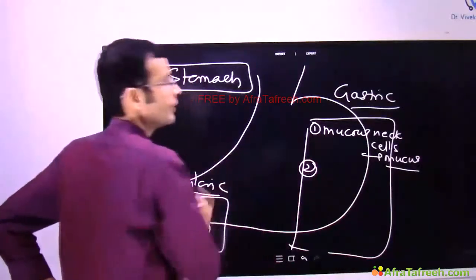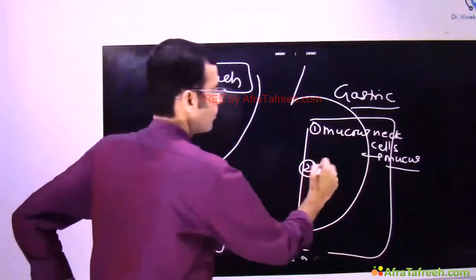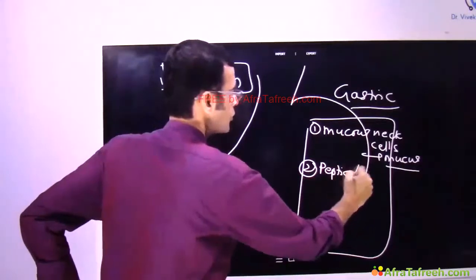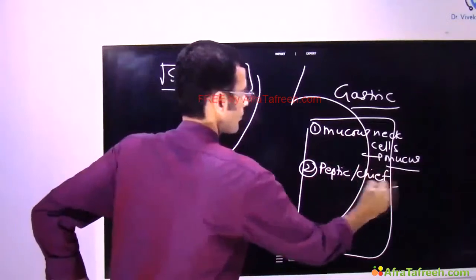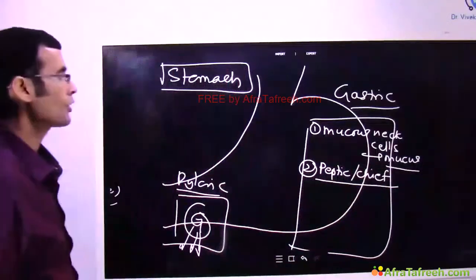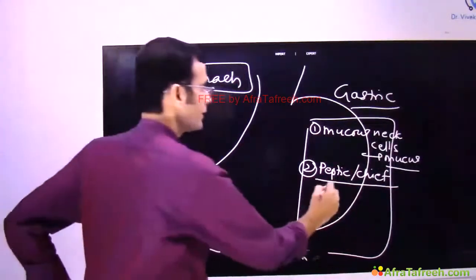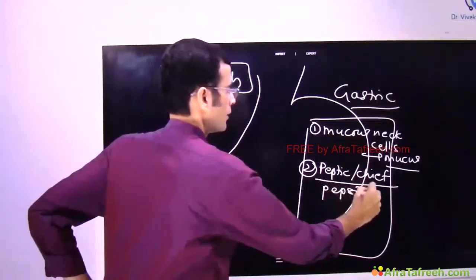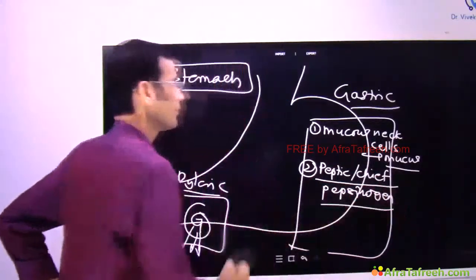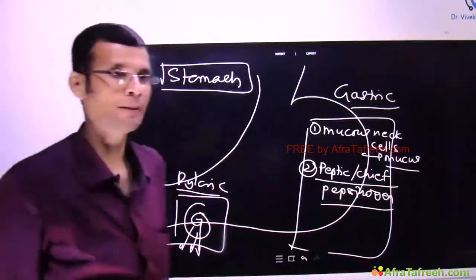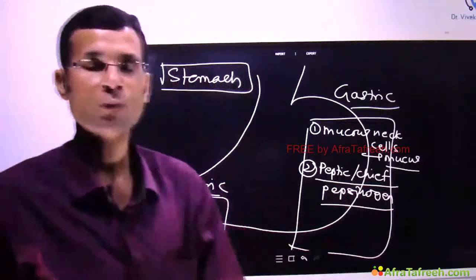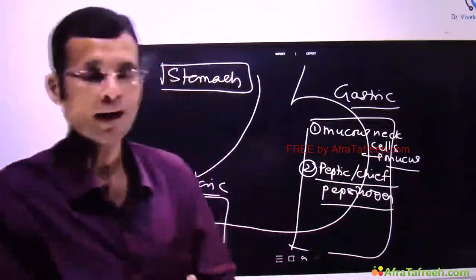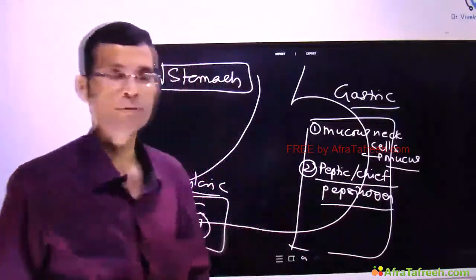Second cell is peptic or chief cells. It secretes pepsinogen, which then forms the pepsin. That reminds me of one MCQ which was asked related to these enzymes.